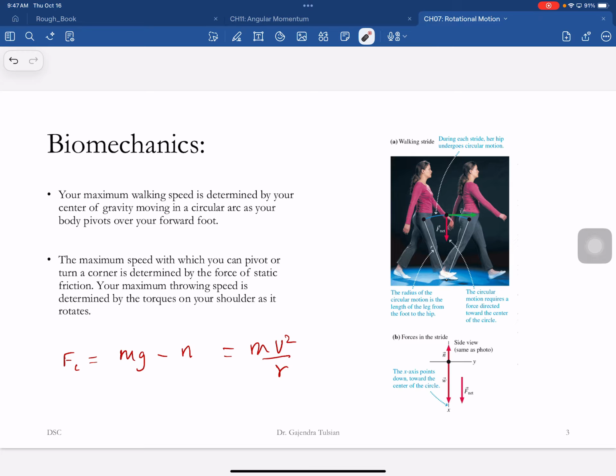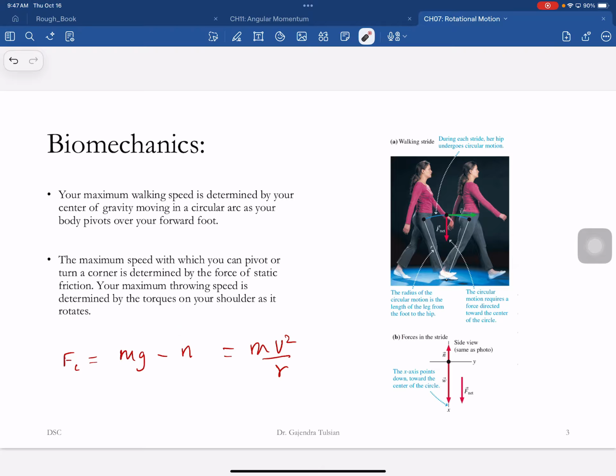What does the N represent? That's the force with which the ground is pushing you. That's the normal force. That's the force on your leg. So as you're walking faster, your foot is hitting the ground lighter. What is the best you can do here? This becomes zero.